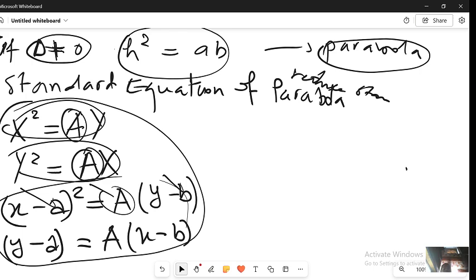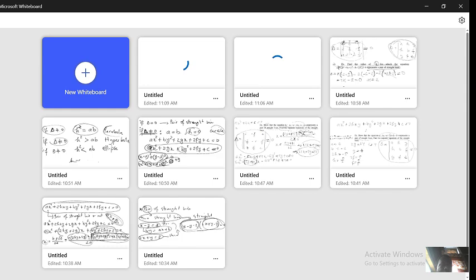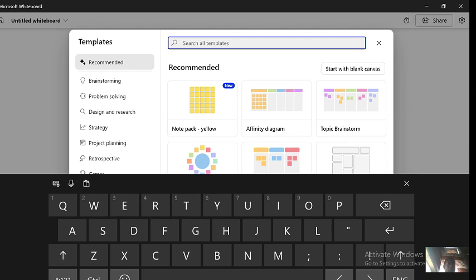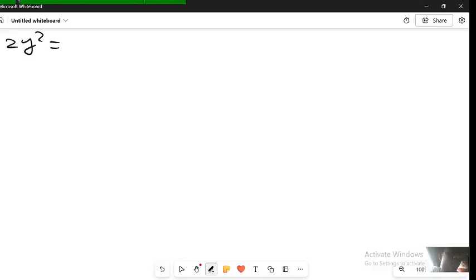Now, let's see first an example, an example that we can determine for the parabola. I have 2y square equal 8x. Now, this one, I can have y square equal 8 divided by 2 x.